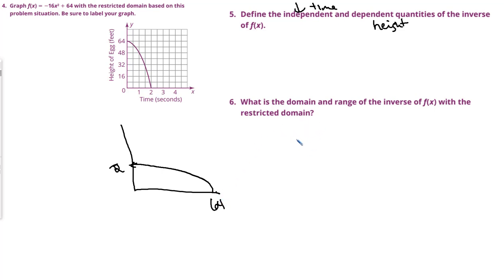So what is the domain and range of the inverse with the restricted domain? So remember, I'm still going forever that way. And so x is less than or equal to 64. I am stopping here for the range. And so y is greater than or equal to 0.